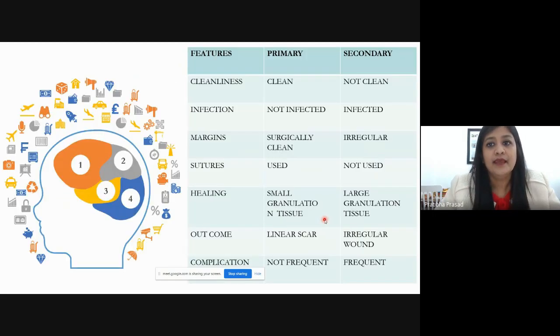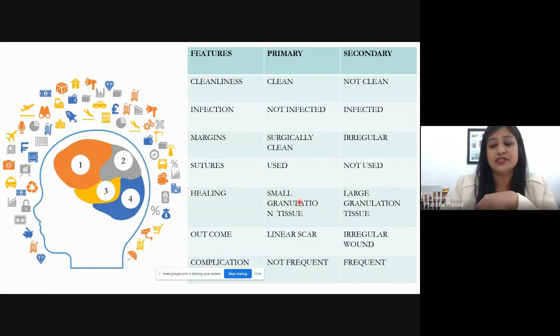Okay. I've just put a table for you to understand very clearly the difference between the primary and secondary healing. Cleanliness is very important. Here it's clean and uninfected because it's induced by a surgeon. Here it's not clean and it is usually infected because it's exposed. And sutures are used in primary, not used in secondary.